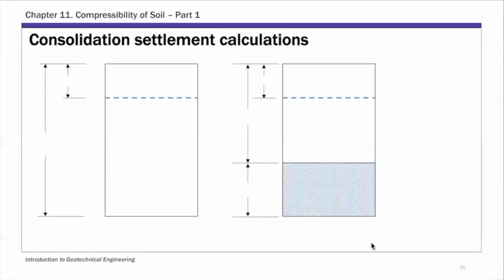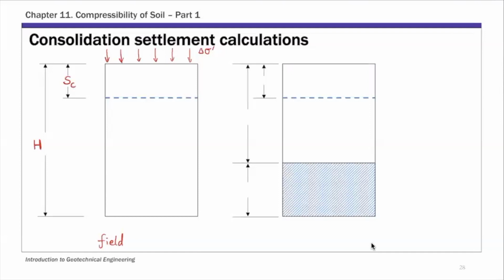If you look at this plot, let's say this is your field, and we have this soil layer, and I'm going to call this clay layer, the depth is capital H. And if you put the load on top, if you load this soil layer H, clay layer, it's going to deform. So we call that settlement as SC here.